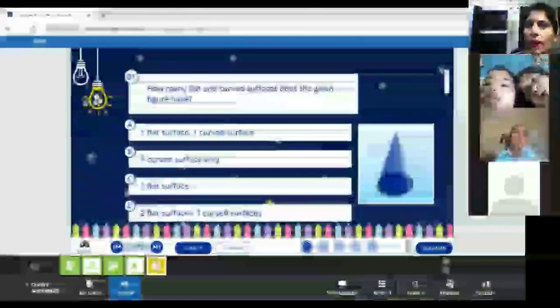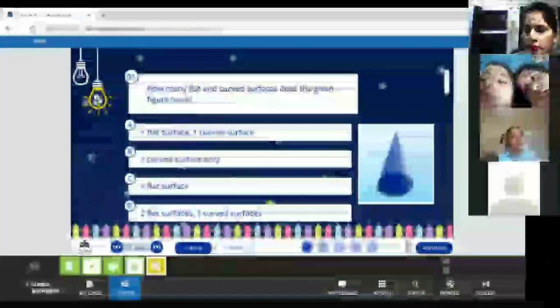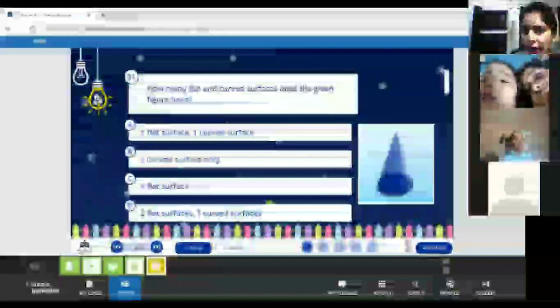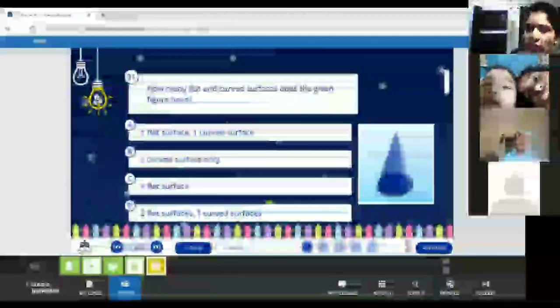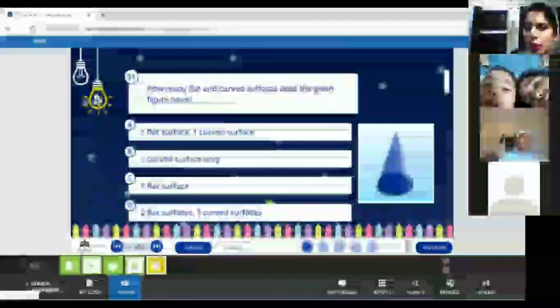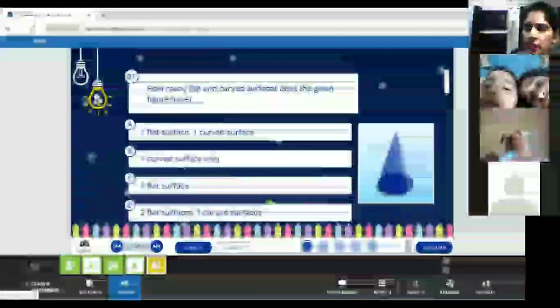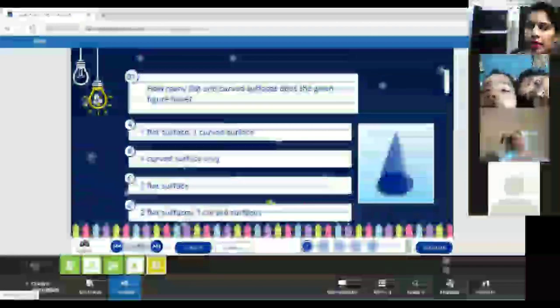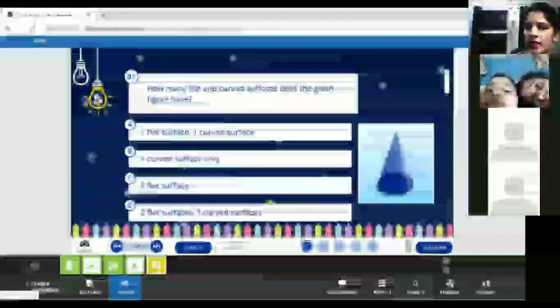How many flat and curved surfaces does the given figure have? Okay, I'm repeating. How many flat and curved surfaces does the given figure have? Here I have got four options. One flat surface, one curved surface only, one flat surface, or two flat surfaces and one curved surface.